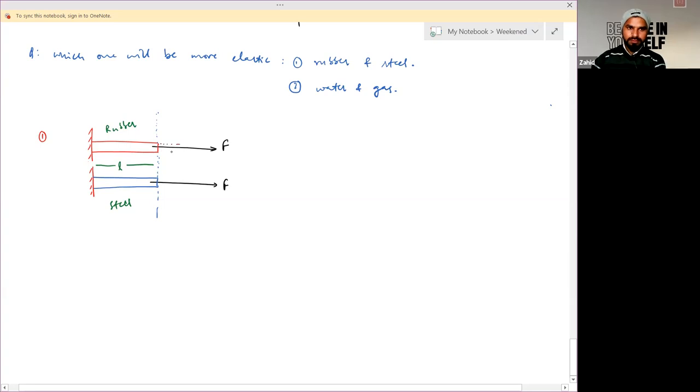Now, the elongation in rubber will be till this part. Let's say delta L in rubber, but steel will elongate only to this amount. So this will be the elongation in steel.